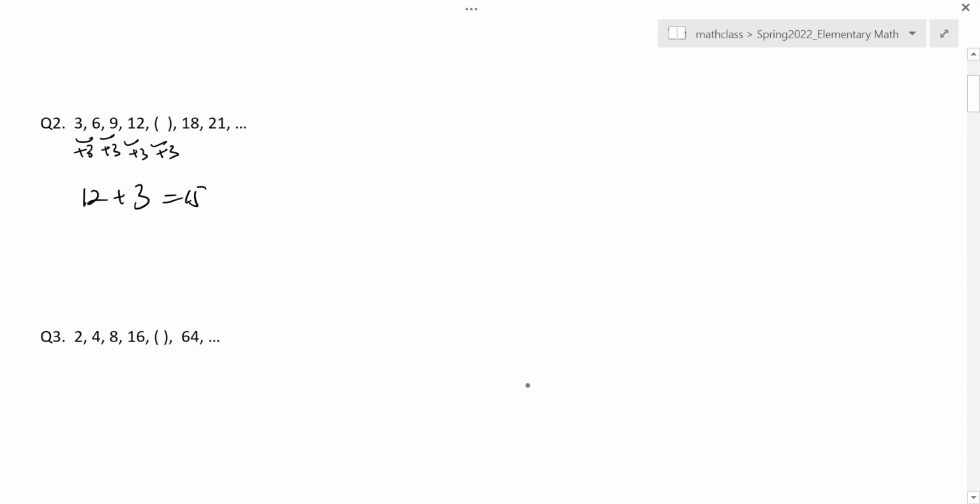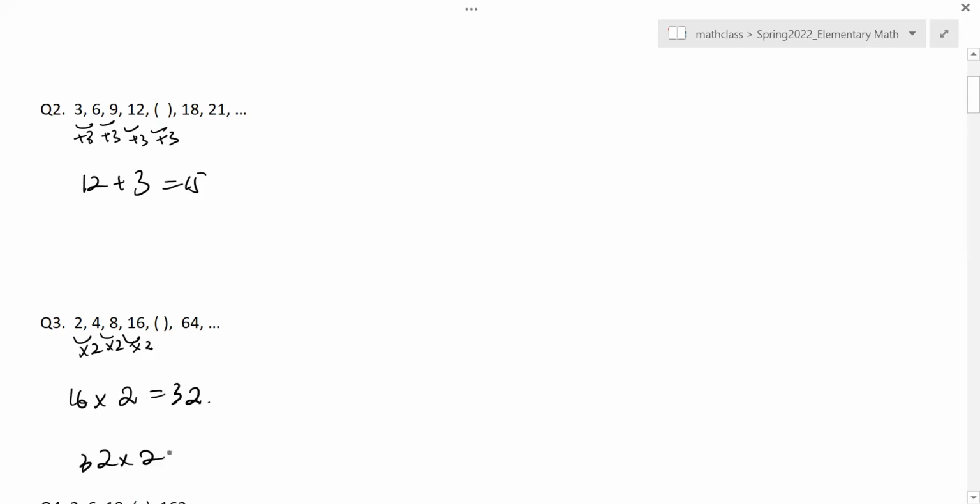You just double the previous number to get the next one. So it's multiplied by 2, multiplied by 2, multiplied by 2. Then 16 times 2 is 32. You double check that 32 times 2 gets 64. So 32 should be the answer. Great.